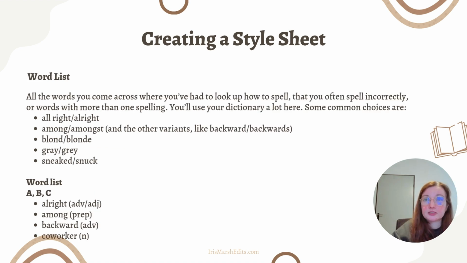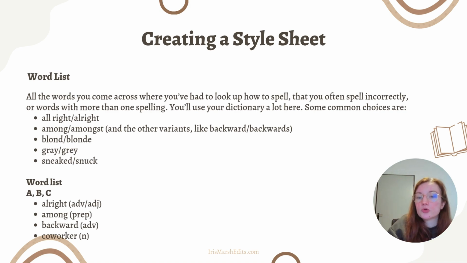Then comes the word list. And this is where I put all the words I come across where you've had to look up how to spell it, or things that you often spell incorrectly, or words with more than one spelling. And this is where you'll use your dictionary a lot.